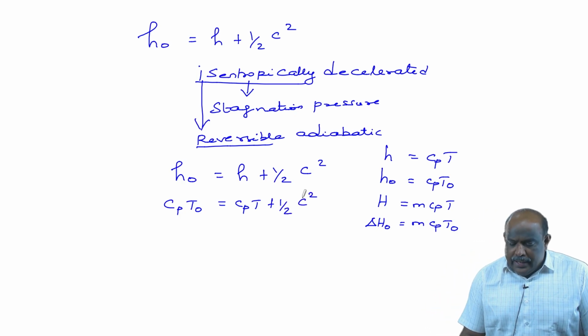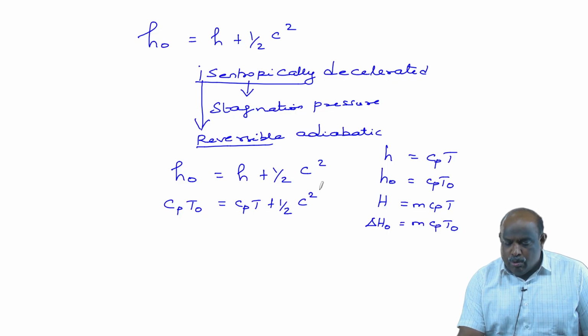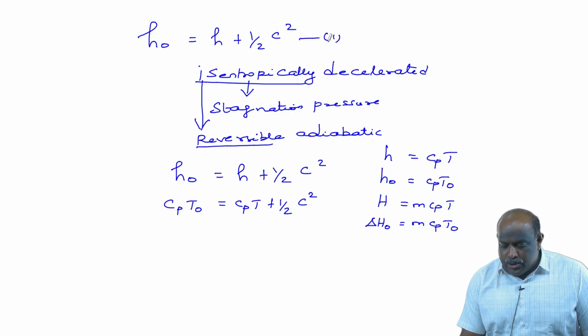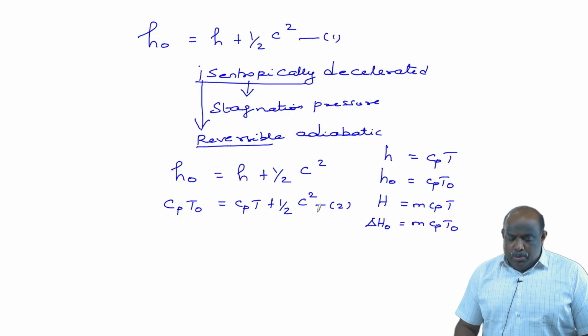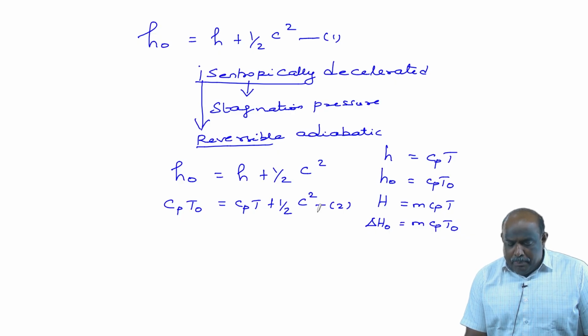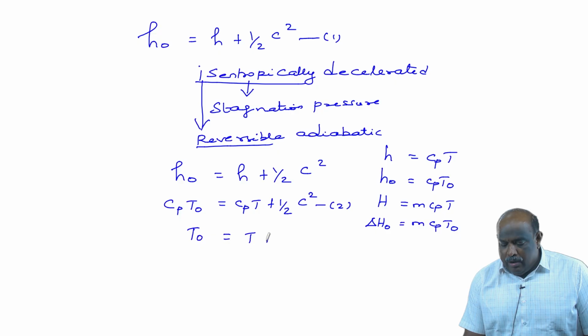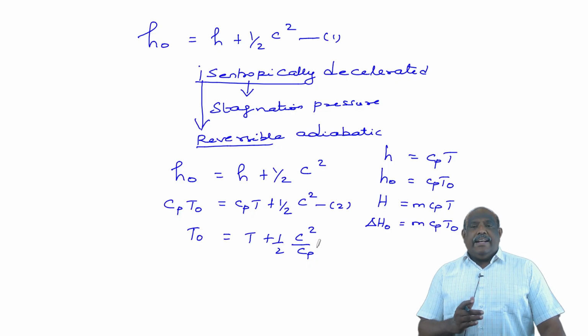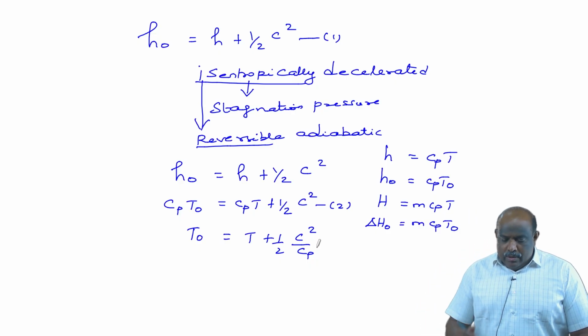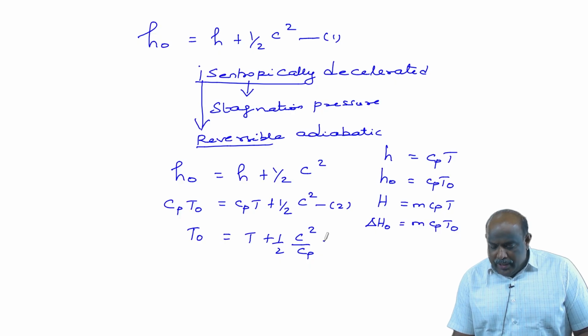Now we divide this entire equation. Let us call this equation 1 and this equation 2. Let us divide equation 2 by Cp, and we end up with T naught equal to T plus half C squared by Cp. Let us call this equation number 3.